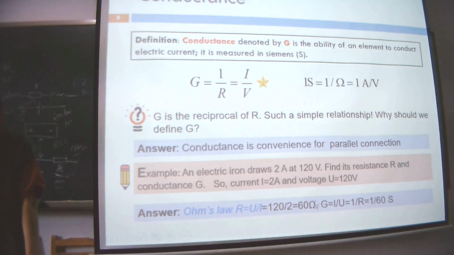Simply we can get 60 Ohm. For G, we just take the reciprocal of R and get 1 over 60 Siemens. Just remember the unit Siemens, otherwise 1 over Ohm.